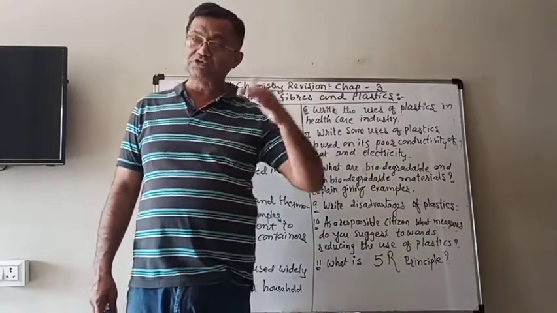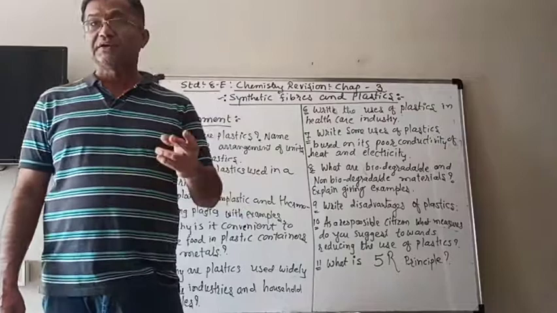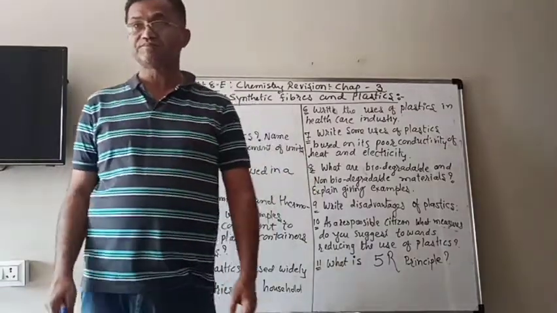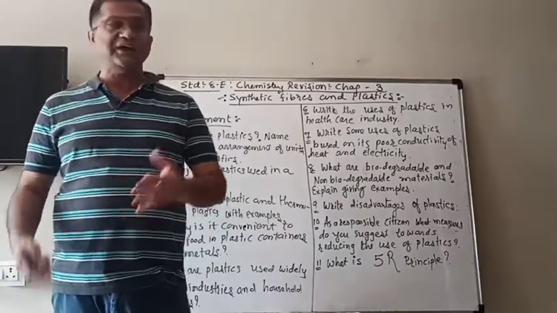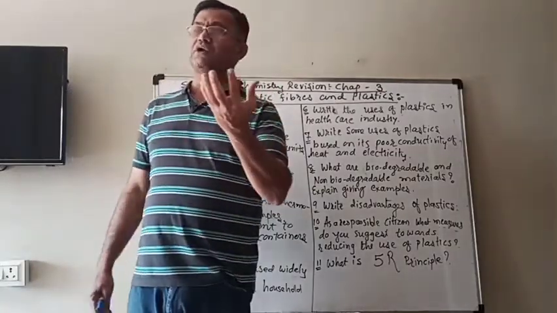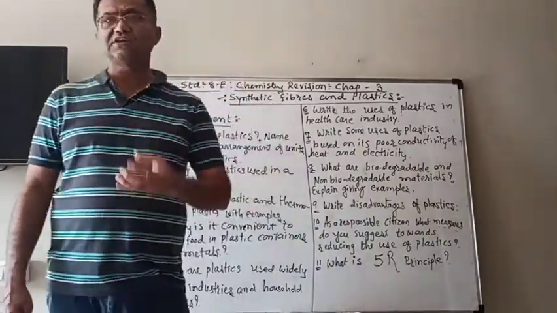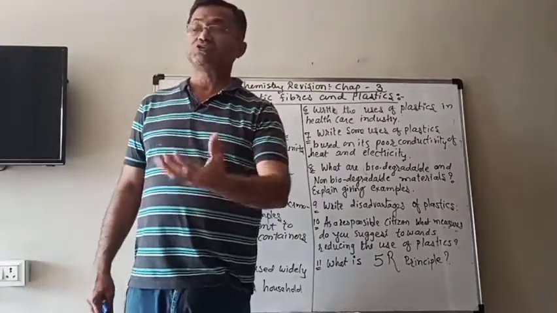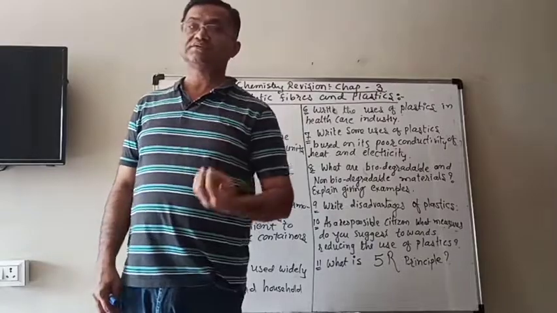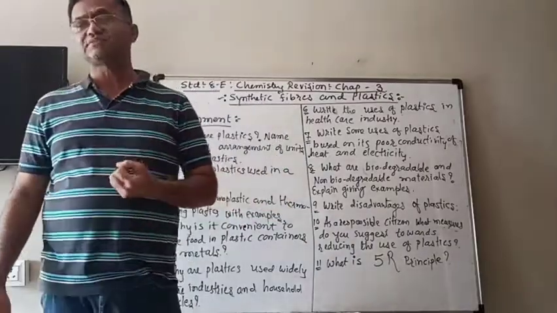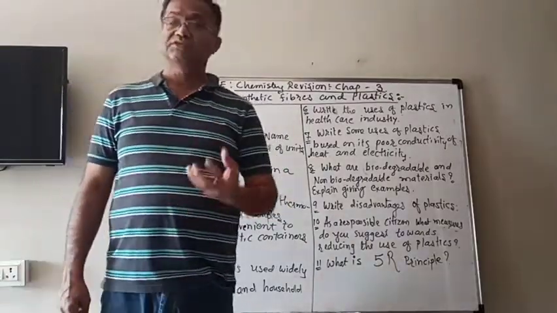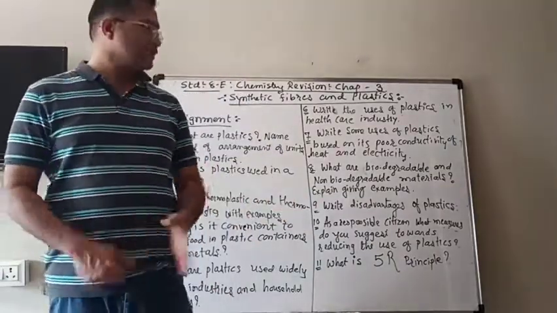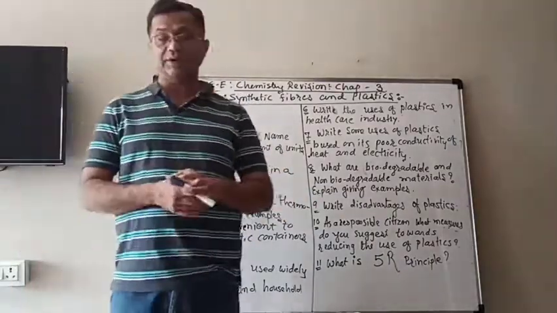Reduce means minimize your use. Reuse means you can use again and again. Repurpose, for example, suppose your plastic container is broken, its lid is broken, then you can use it to plant some small plants, to grow plants. So that is repurpose, and you know about recycle also. So that is the 5R principle.